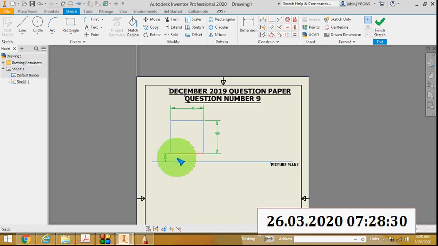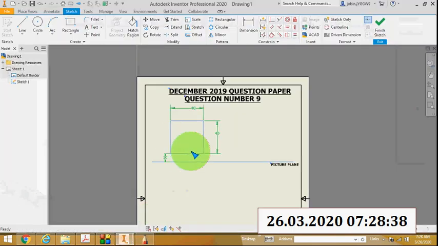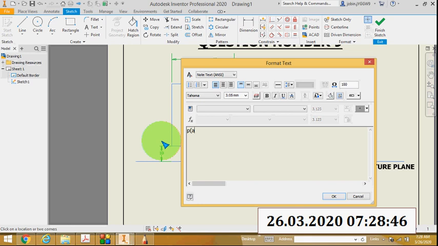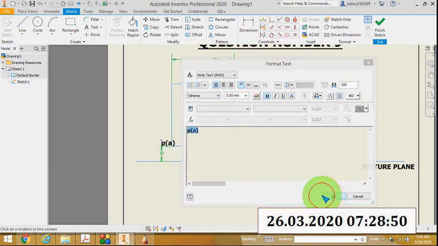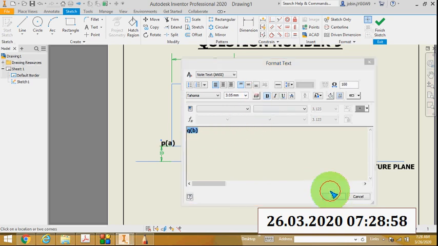You can see PQRS is visible, ABCD is invisible. So I will name these points. This is P bracket A, that means P is visible, A is invisible. Then this is Q bracket B, that means Q is visible, B is invisible.